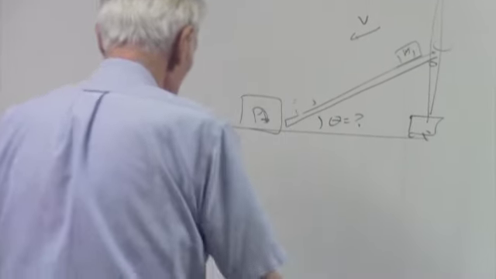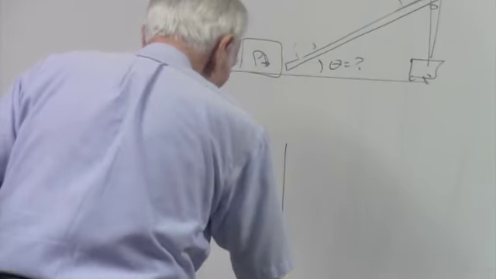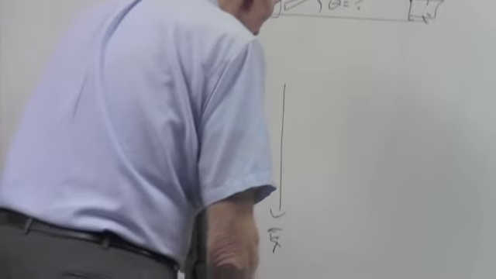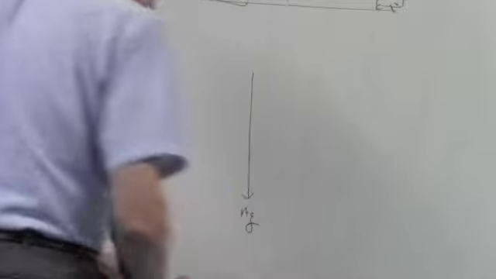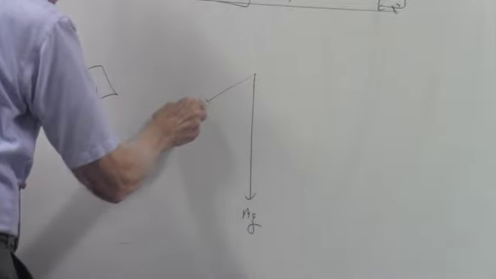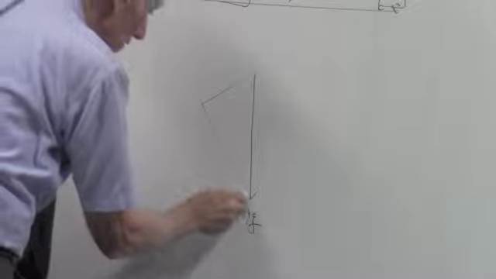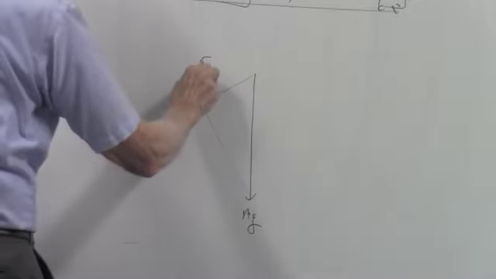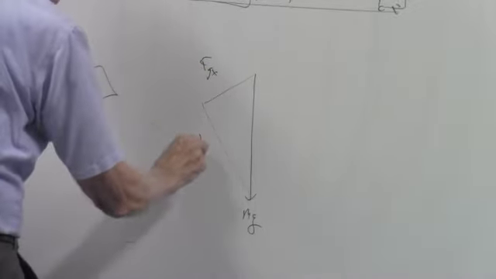So let's take the gravitational force. We can call it mg, or F sub g. And we have to break it into its components along the coordinate axes that we've chosen. Okay, so this is the x direction coordinate, and this is the y direction coordinate. So this is F_gx, and this is F_gy.